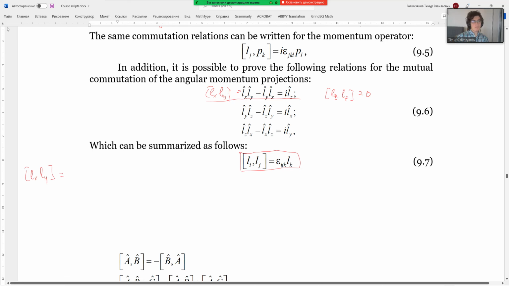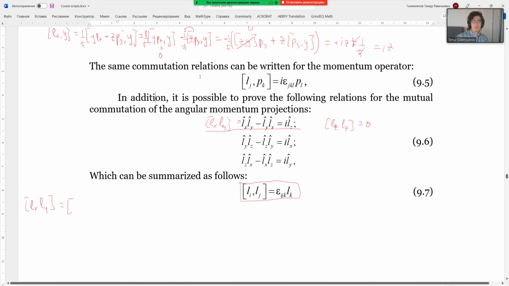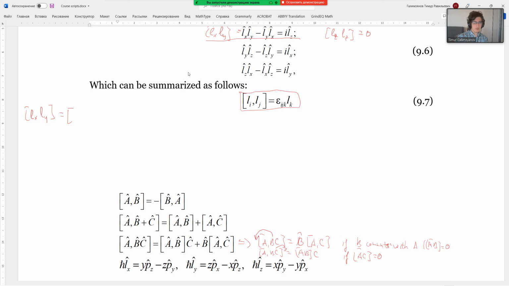Let's decompose Lx. So Lx equals 1 over h bar, y pz minus z py. Here Ly.